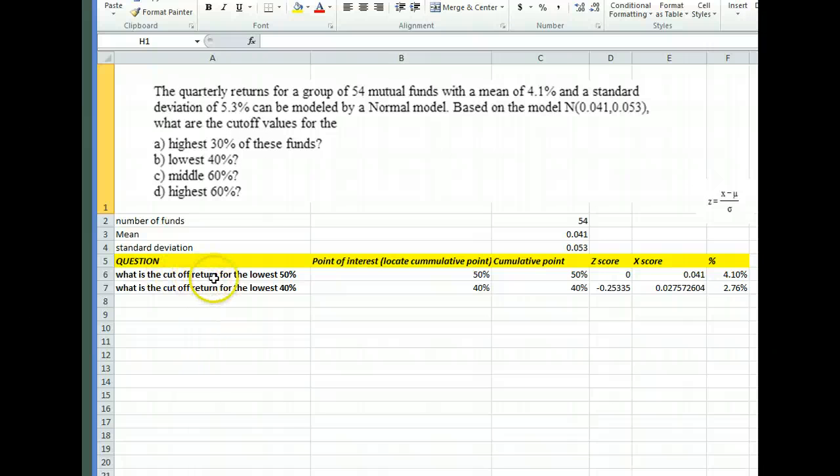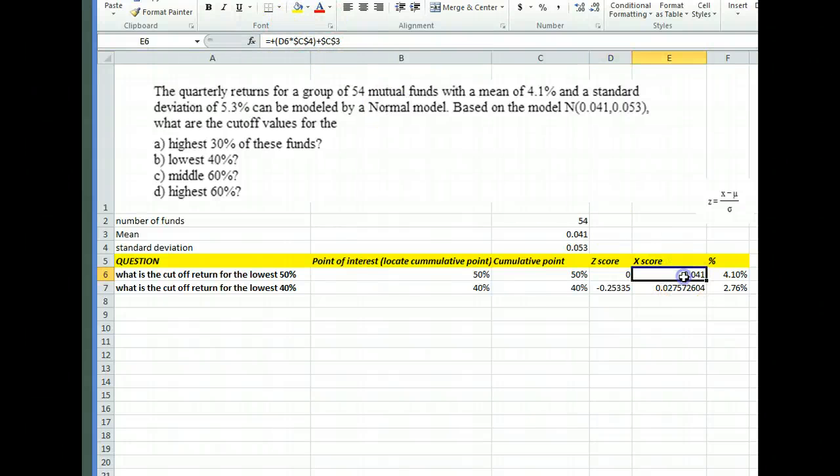So what is the cutoff point for a return for the lowest 50%? Now clearly 50% is going to be equal to the mean, so mathematically the cumulative point for 50% is going to give you a z-score of 0. This formula is what you use for z-score, and I'll come back to it.